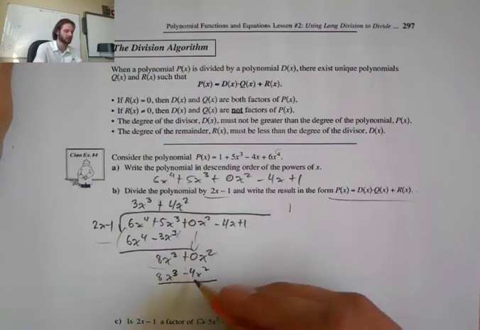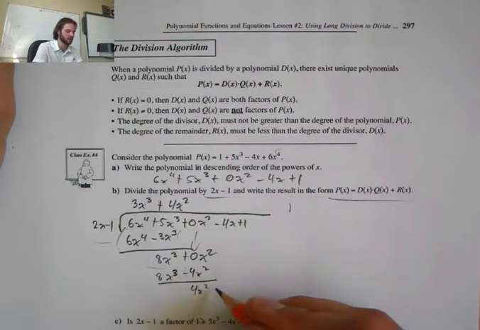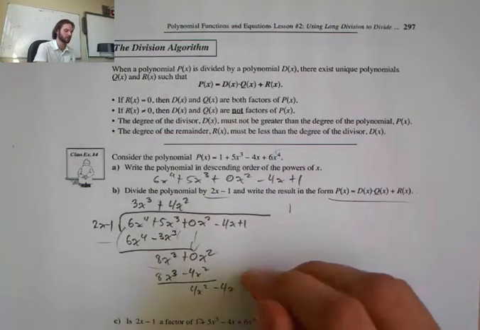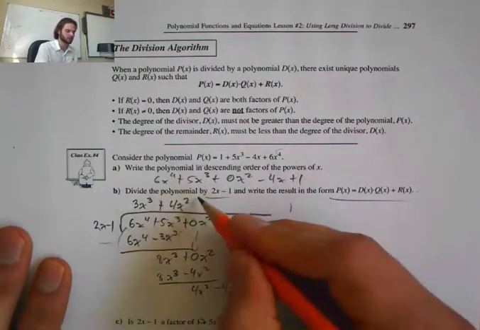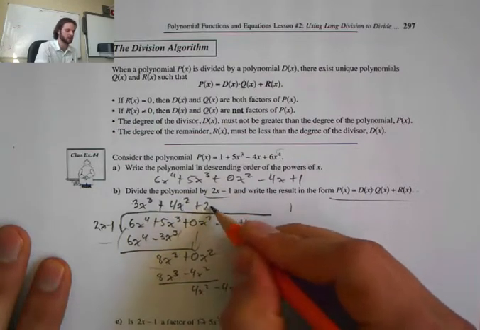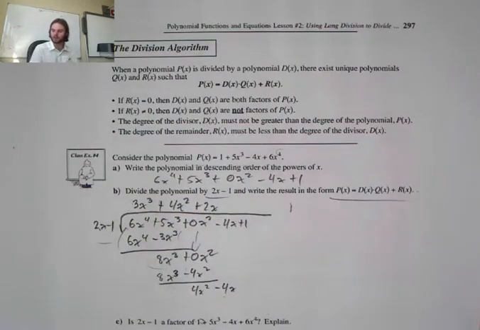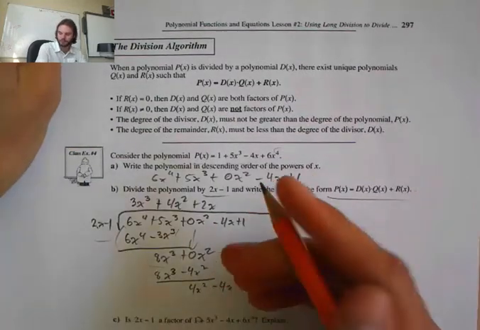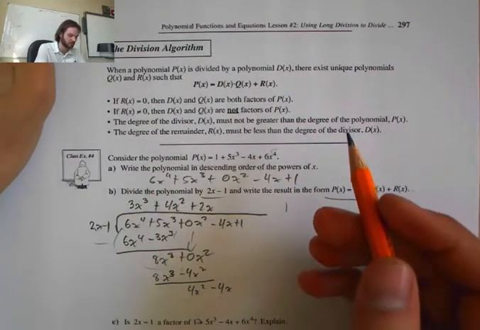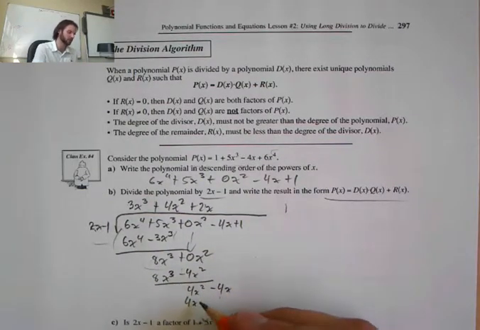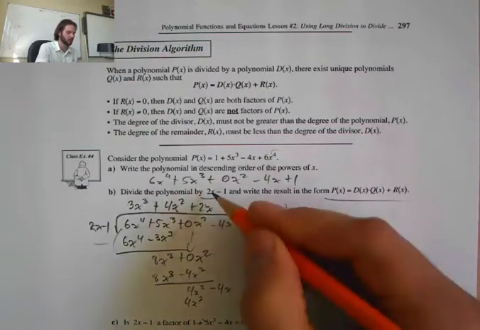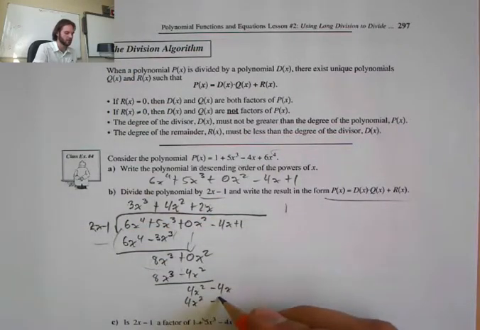Now I subtract all these, I'm going to get 4x squared, then we have minus 4x plus 1. How many times does 2x go into 4x squared? It's going to be plus 2x, and we have this times that, which is 4x squared minus 2x.